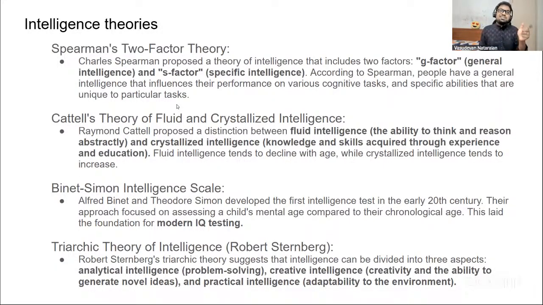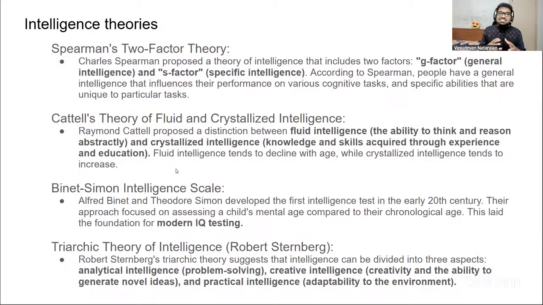That's called the G factor. Now, when you go to Cattell's theory of fluid and crystallized intelligence, this is from an age point of view. He wrote about fluid intelligence, the ability to think and reason abstractly, and crystallized intelligence, knowledge and skills acquired through experience and education. So it's like with age comes wisdom. They say that, right?